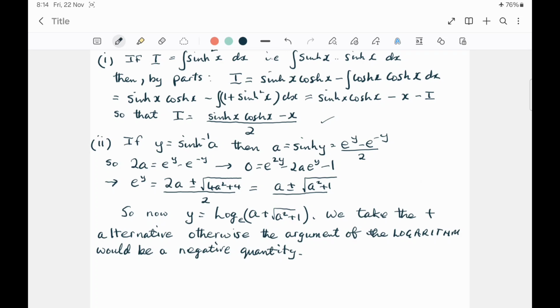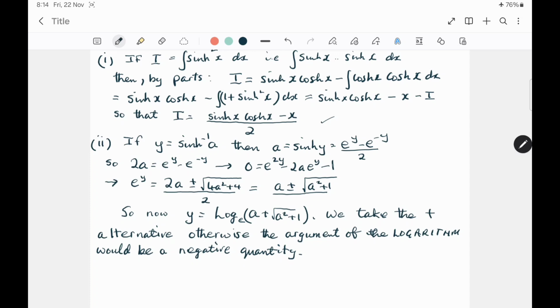The second bit is transforming sinh inverse a into its logarithm form. So if we let y equals sinh inverse a, then a is sinh y, which equals by definition e to the y minus e to the minus y over 2. So that 2a equals e to the y minus e to the minus y. And now I've multiplied up by e to the y and transferred everything to one side.